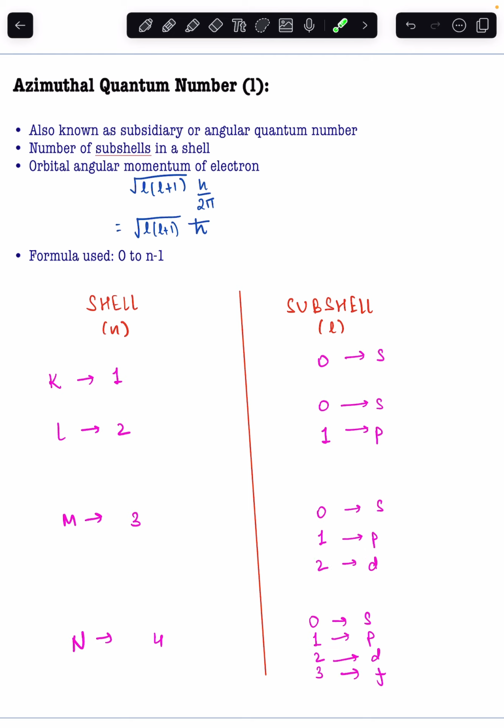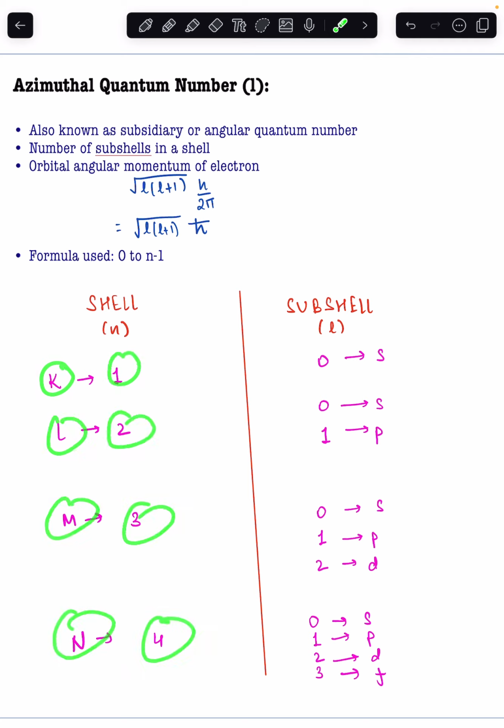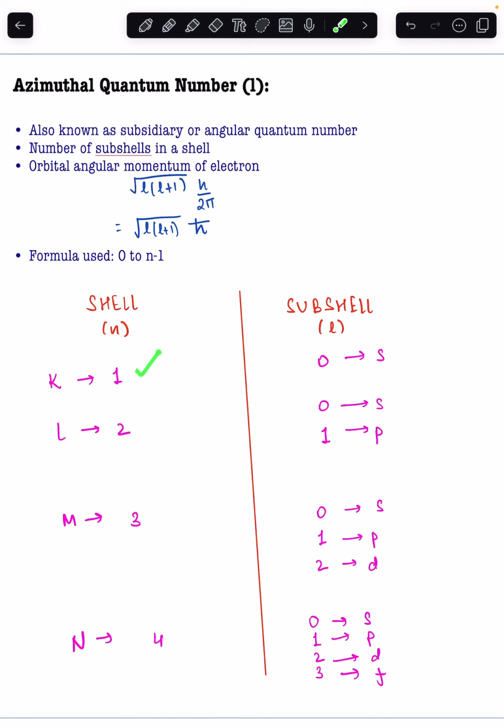I don't think it has a very logical reason behind it. And the shell K is also 1, L is also 2, M is also 3, N is also 4. So basically the first shell will have only one subshell, the second shell will have two subshells, and the third will have 3, and similarly so on.